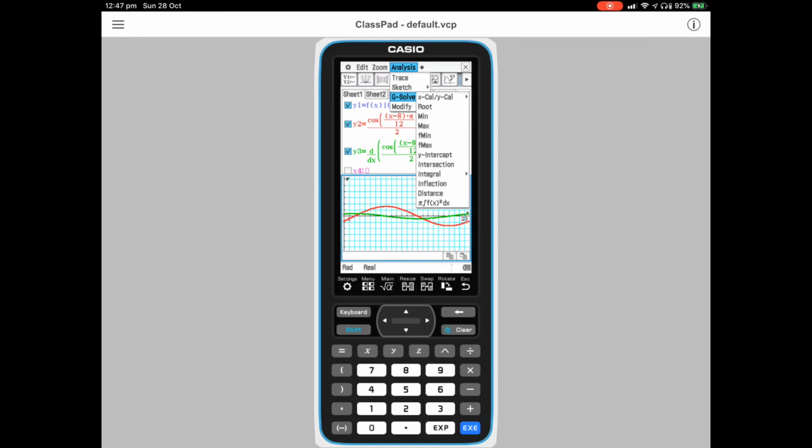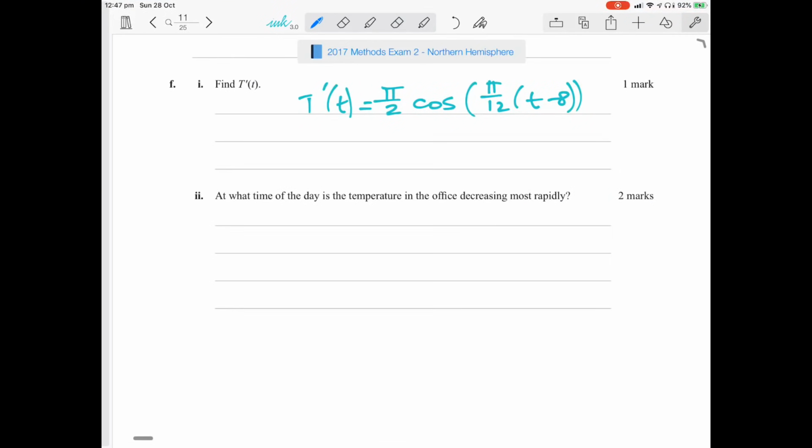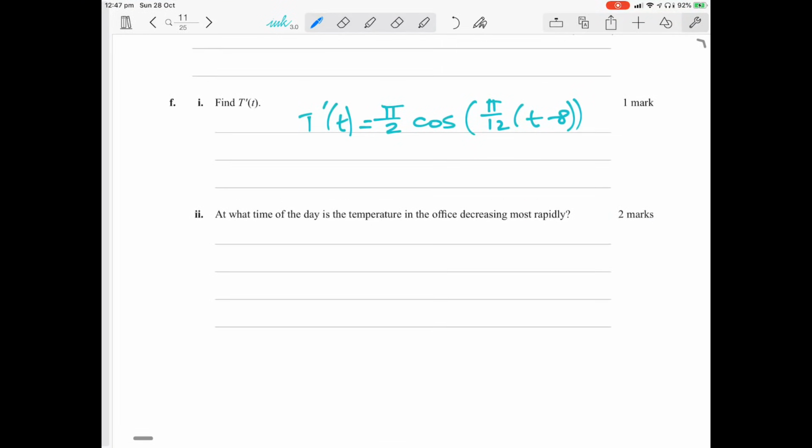Analysis, g solve, root. Eight and 20. Okay, so t double dash of t equals 0. Therefore, t equals 8 a.m. or 8 p.m.